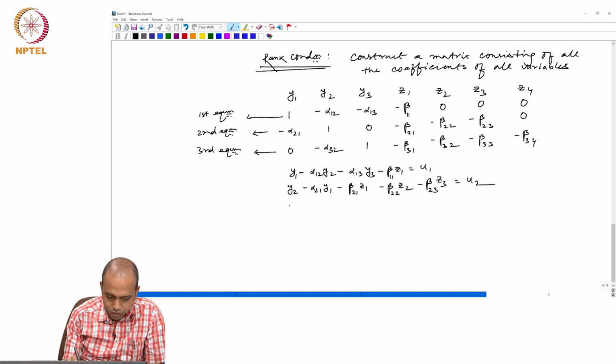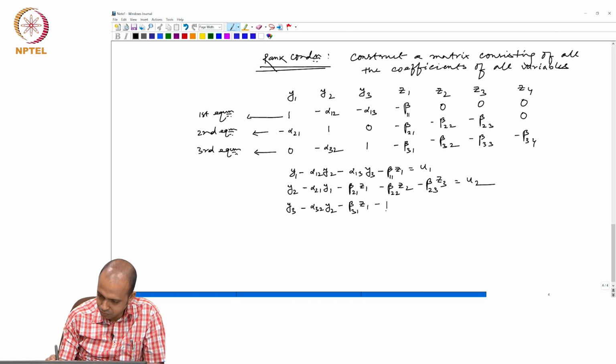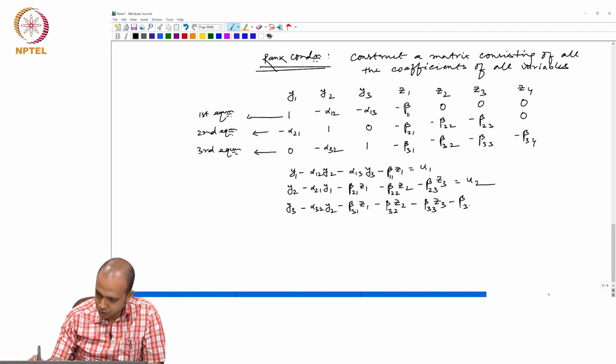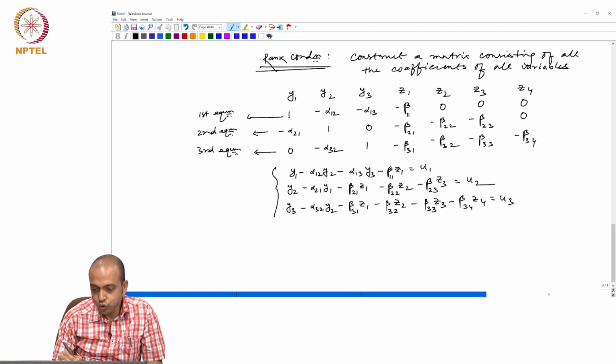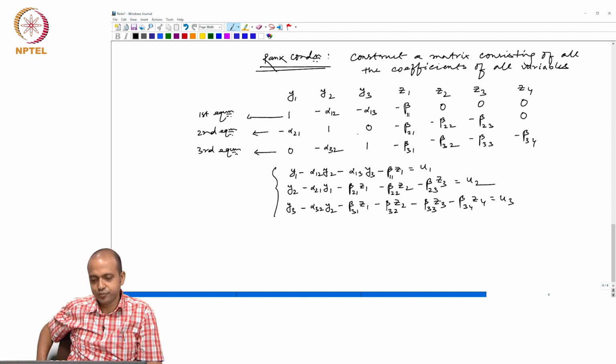For the third equation: y3 minus alpha 3 2 y2 minus beta 3 1 z1 minus beta 3 2 z2 minus beta 3 3 z3 minus beta 3 4 z4 equals u3. So, I have converted the equations into this format to construct this matrix.